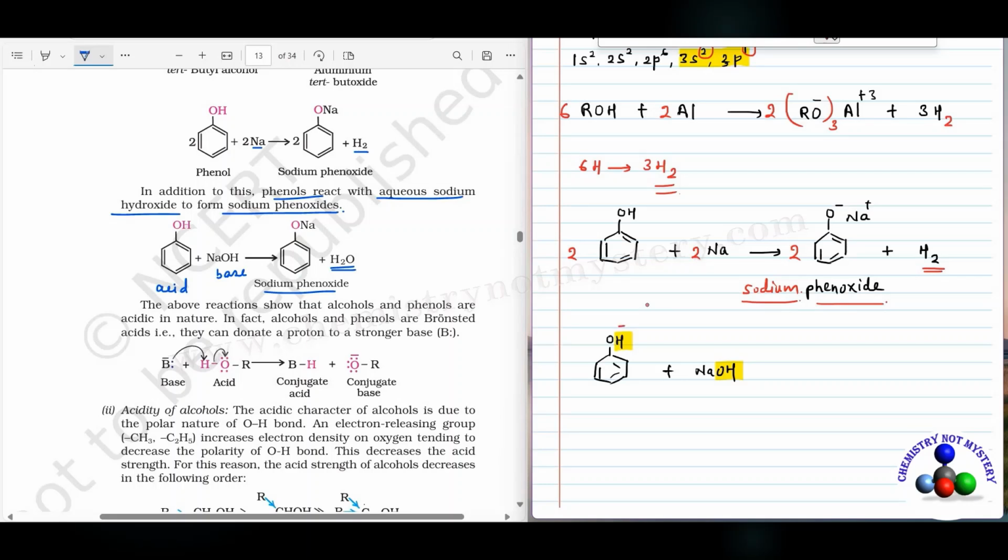So this H plus and OH negative will get combined together and form a water molecule, and the phenoxide ion will get combined with the Na plus ion. So here you will get sodium phenoxide. This O negative ion will get combined with the Na positive ion, and that's how sodium phenoxide and water molecules are formed by the reaction of phenol and sodium hydroxide.